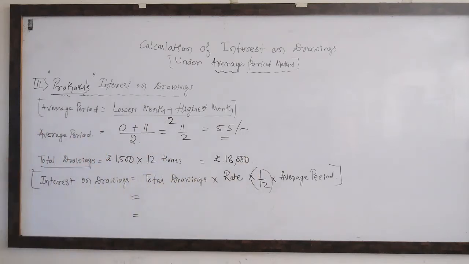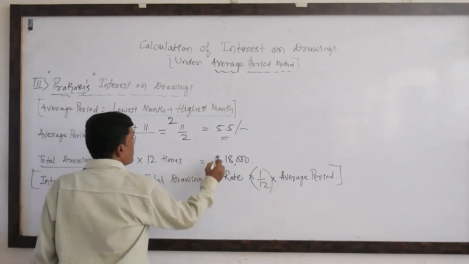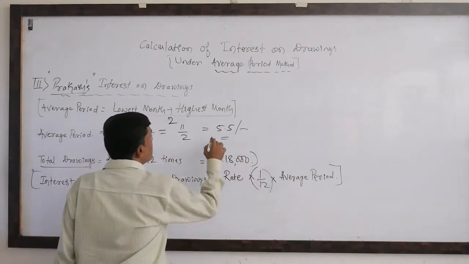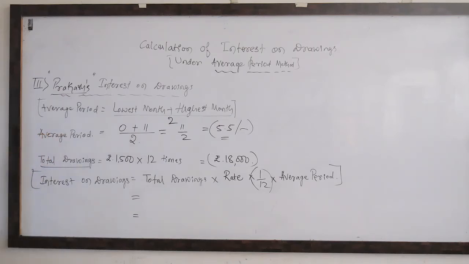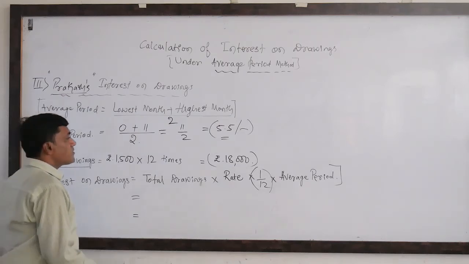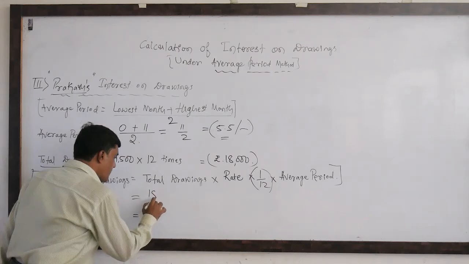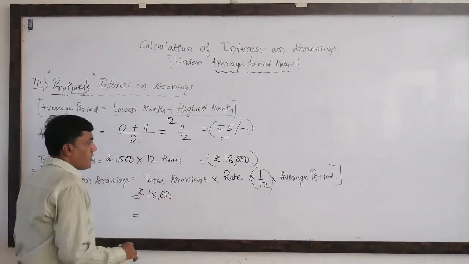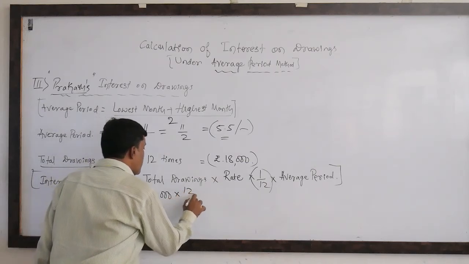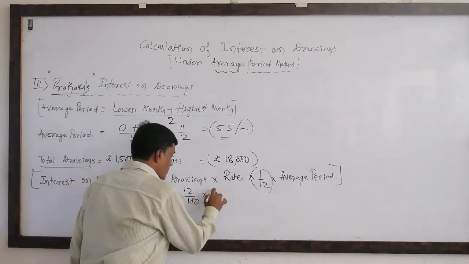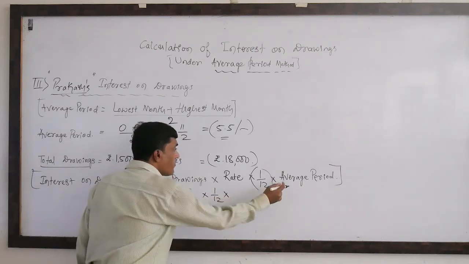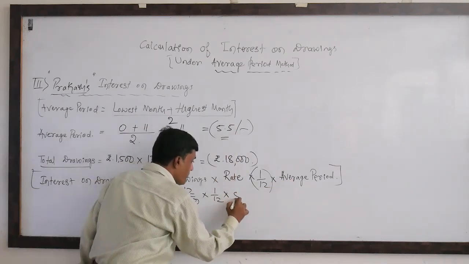Partner is Prakash. So this is the total drawings made by the partner, and this one is the average period duration. So with this total drawings, dear students, rupees 18,000 into 12 by 100, 12%, that is rate of interest, into 1 by 12 into average period, 5.5.